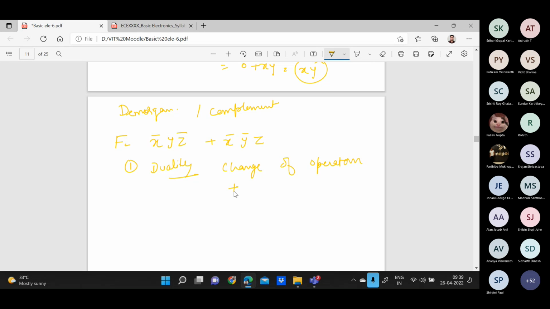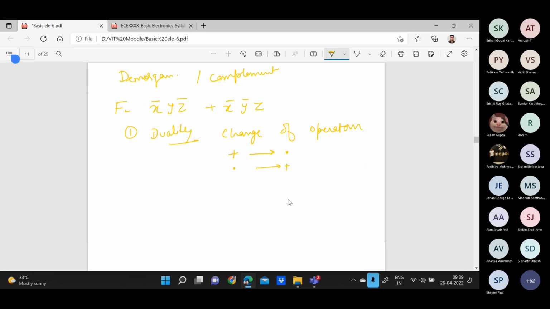If you have a plus or operation, you change it with the dot operation. If it's a dot operation, change it with the plus operation. Even if the dot is not written, you have to assume it. So I can write x bar plus y plus z bar, and then, since this is plus, it becomes dot x bar plus y bar plus z.